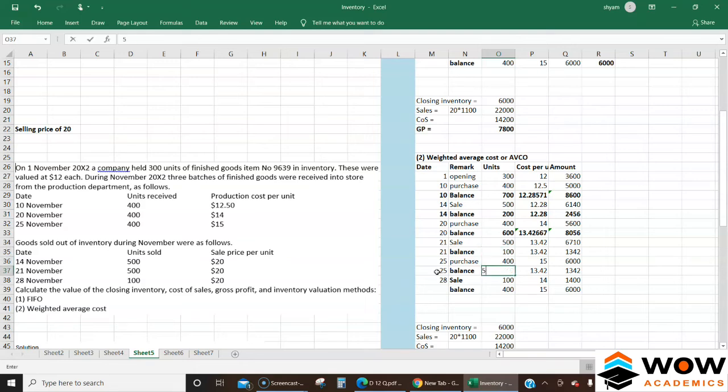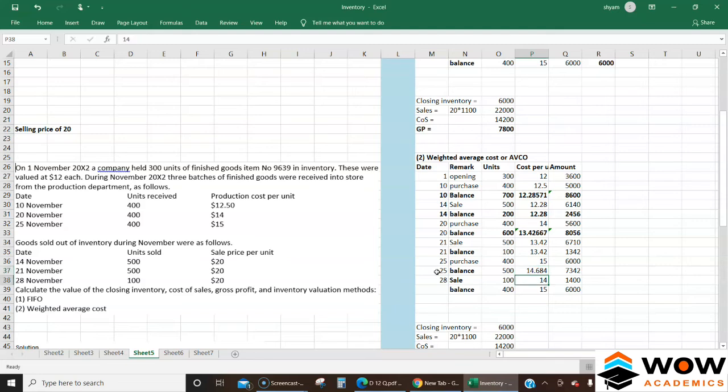So totally there is 500 in stock. And both these values come to 7342. And what is the rebalanced value? This number divided by units. So 14.68 is the balanced number.